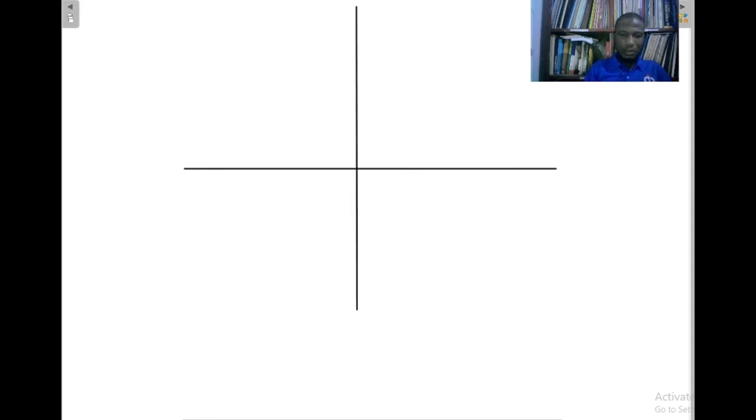So assuming we have this as my Cartesian plane, this is my x-axis, and this is my y-axis. And I decide to have 2 points on it. Let me put the first point here, A, with coordinates x1, y1.